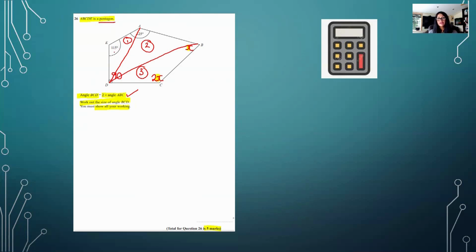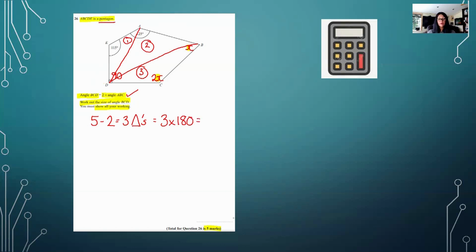So the angles inside a pentagon add up to 3 lots of 180 degrees. The quick way to work out the angle sum of any polygon is to take the number of sides, take away 2, and that tells you how many triangles the polygon can be split into. So in our case, it's 3 times 180.